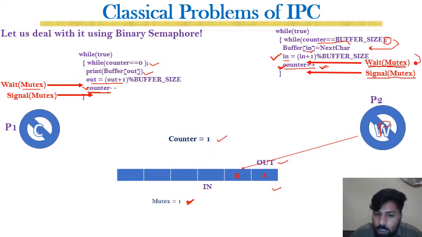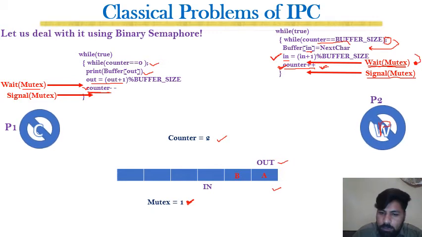So wait on mutex. Once wait on mutex is executed, the value of mutex is reduced to 0, and at this moment P2 is in the critical section, where it will increment the counter. So the counter will become 2. Now when it leaves the critical section, it will call signal on mutex, and the mutex value will be incremented and become 1.